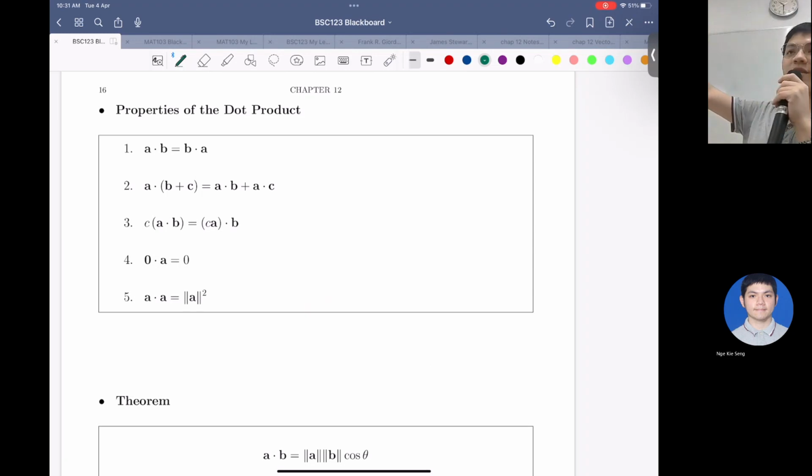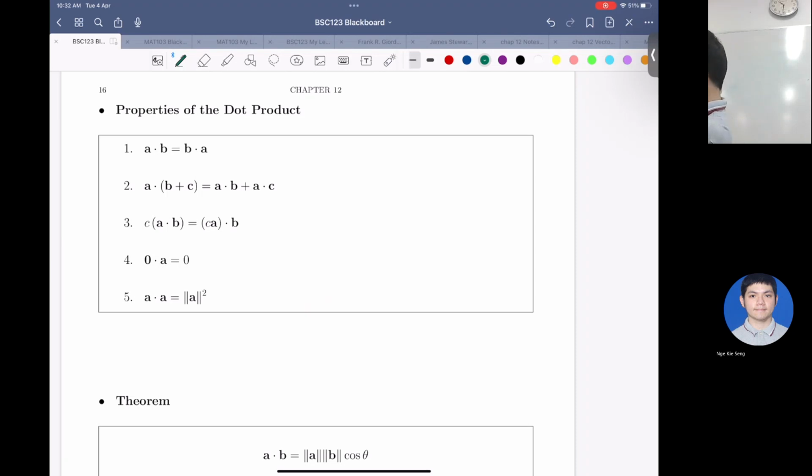But now we multiply two vectors, and what you get is not a vector, it's a number. You go from R2 times R2 to R, or R3 times R3 to R. It's a special product. Usually when we talk about product and addition, we want to stay in the same space, but now we go into the real numbers.